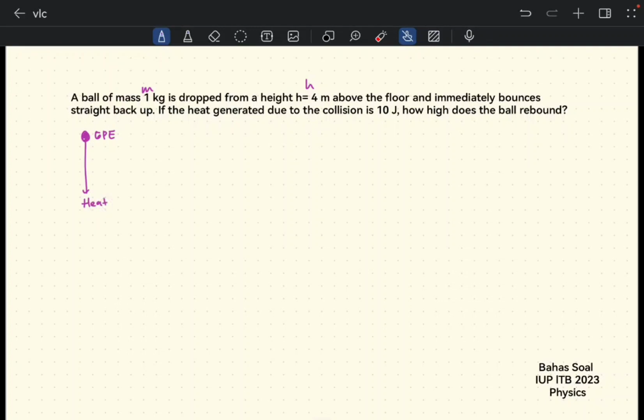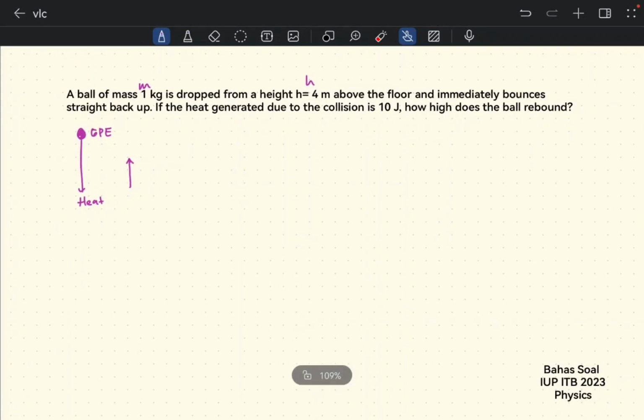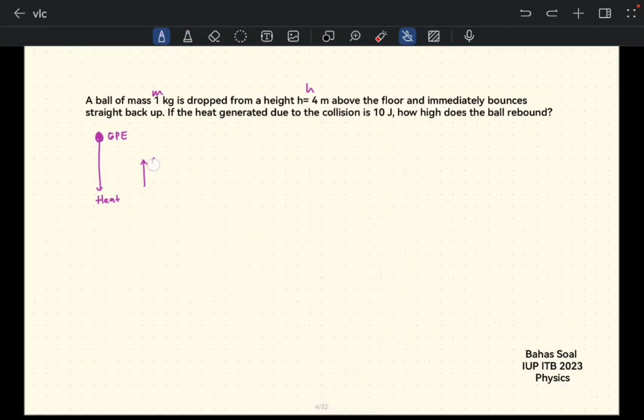So the ball bounces back up at a lower height. So we have the second gravitational potential energy. We have to find the height of the ball.